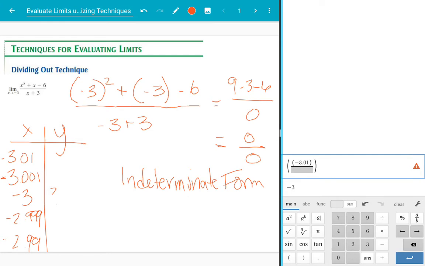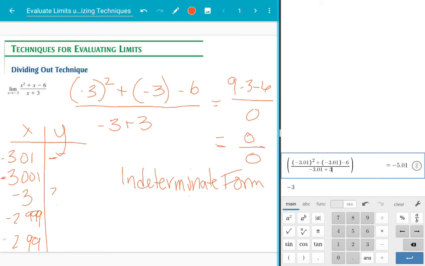Alright, what are we doing here? -3.01 to the second power plus -3.01 minus 6. In the denominator, I'm going to have -3.01 plus 3. Alright, so we have -5.01.